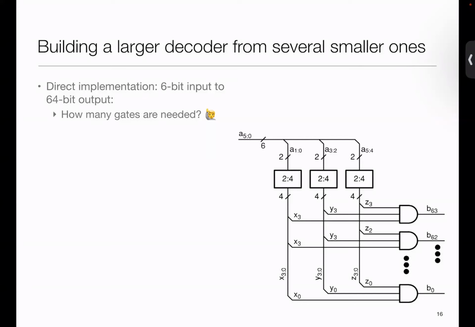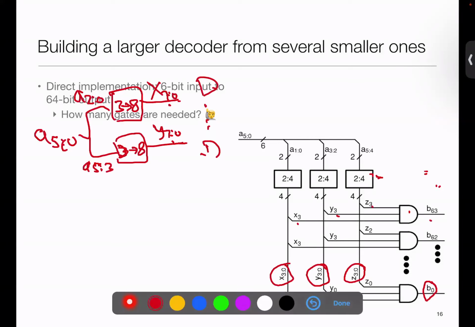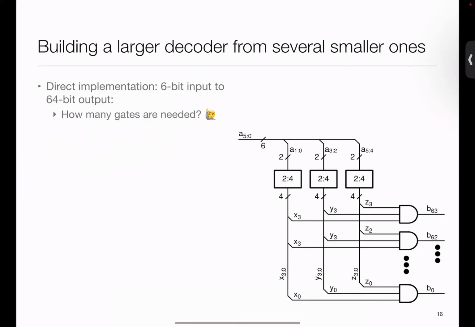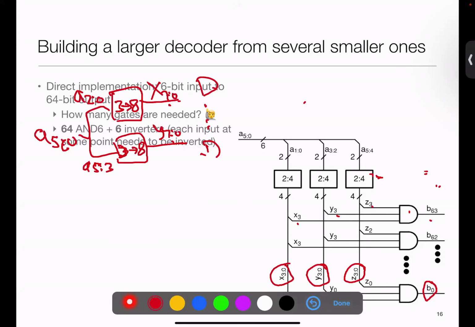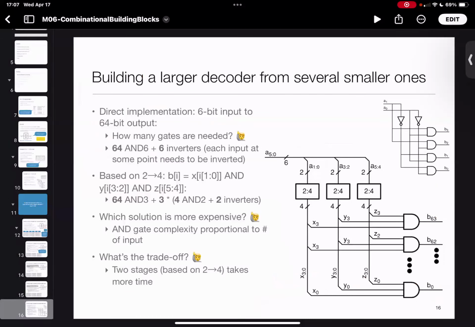So I have to create all possible 64 combinations of the 6 inputs, either directly or inverted. So I would need 6 NOT gates.